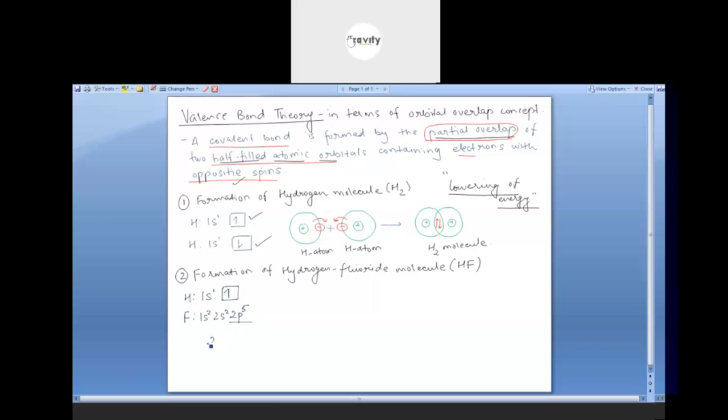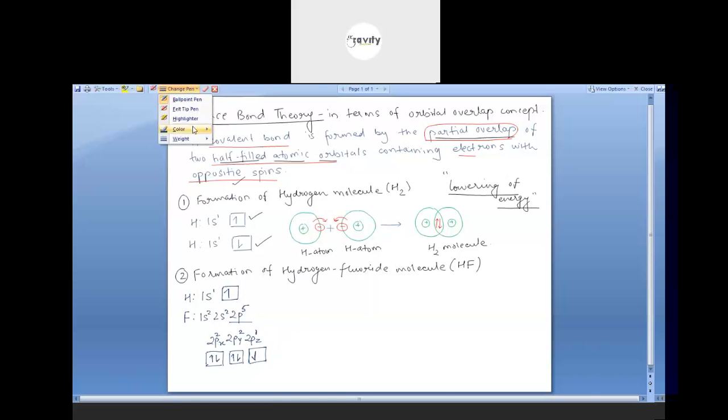I can expand this 2p5 as 2px2, 2py2, and 2pz1. So these are the paired orbitals, and they are not going to participate. We need half-filled atomic orbitals, whereas fluorine has this single half-filled atomic orbital. Considering this with an opposite spin, the single electron can be considered with any of the spins.